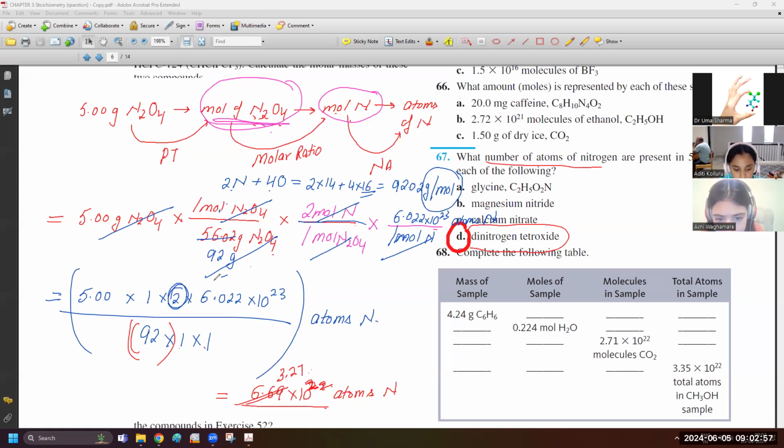I'm getting 6.55. I didn't multiply by 2. 6.55 times 10 raised to power 22. So the calculator is something which can consume a lot of time in the exam if we are not in practice. Yes, okay, Avni, good. Aditi, check the error. Maybe you have not taken the 2 the way I didn't take the 2.